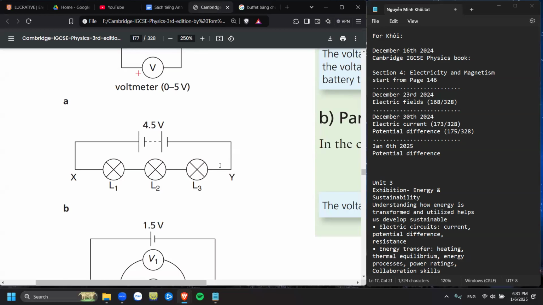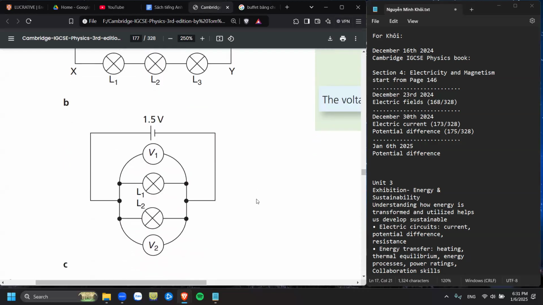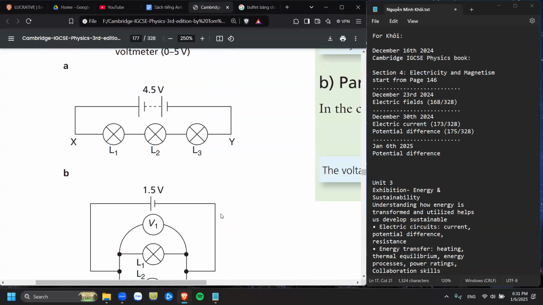And after passing through L3, almost zero, back to the battery, isn't it? Because they're in series. But if it is parallel, everywhere is almost the same. I see. You get it now, right? Yes. Okay, great.